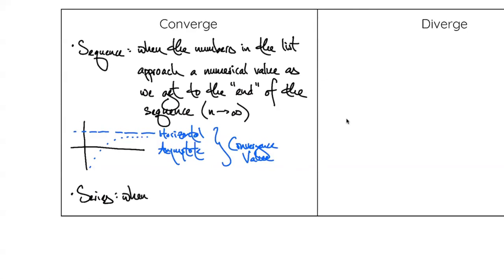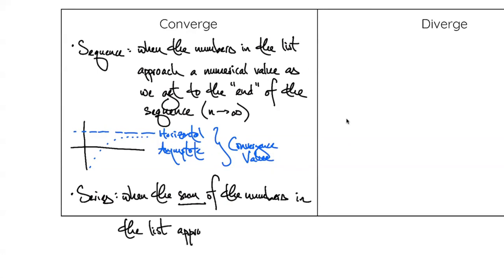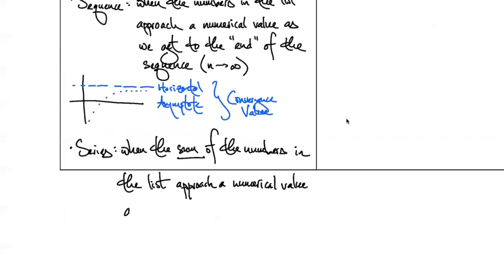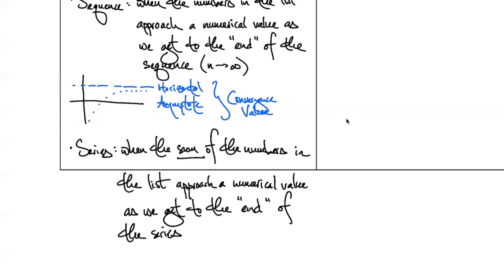So a series converges when the sum of the numbers in the list approaches a numerical value as we get to the end of the series, okay?